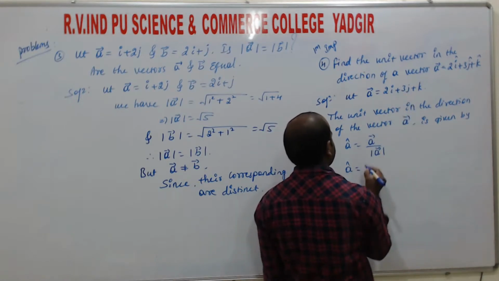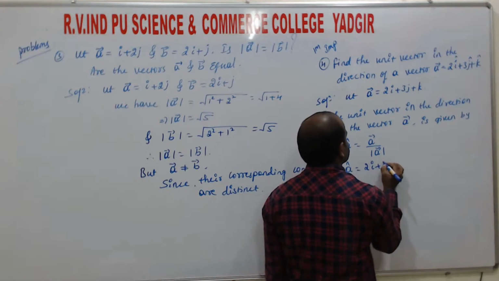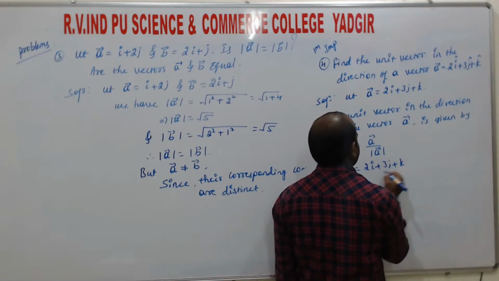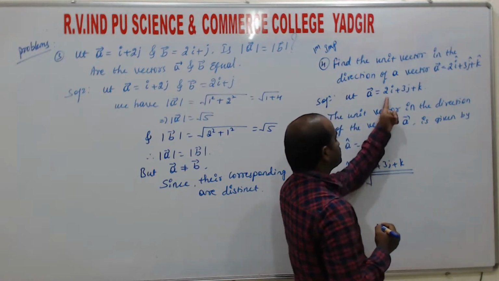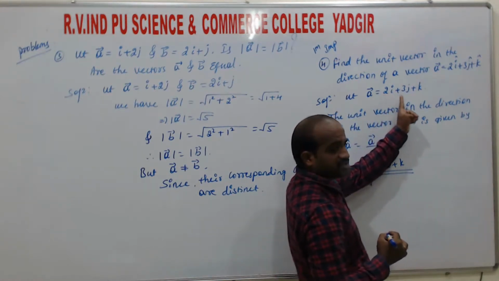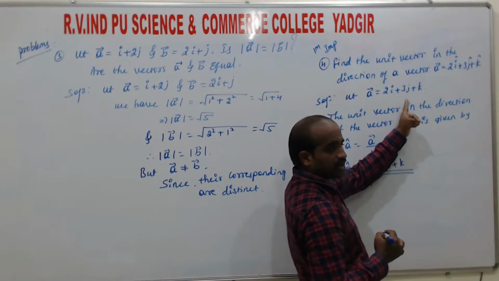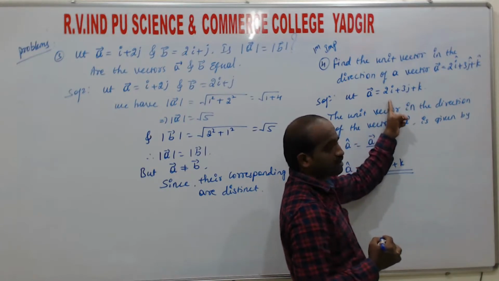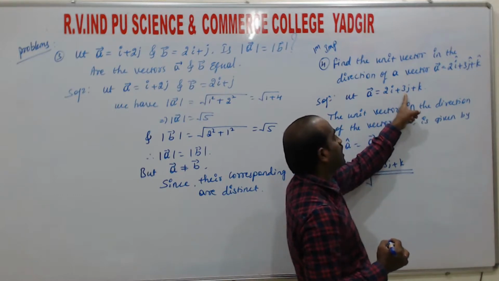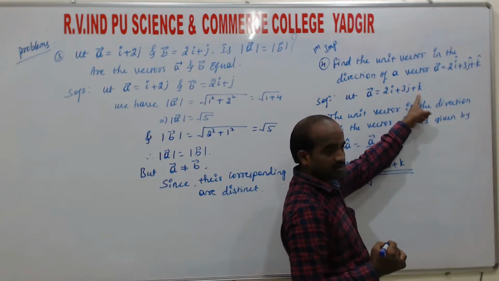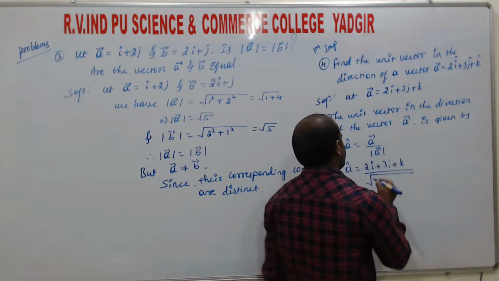A cap is equal to 2i plus 3j plus k, whole divided by root of x square plus y square plus z square. X is 2, y is 3, z is 1.